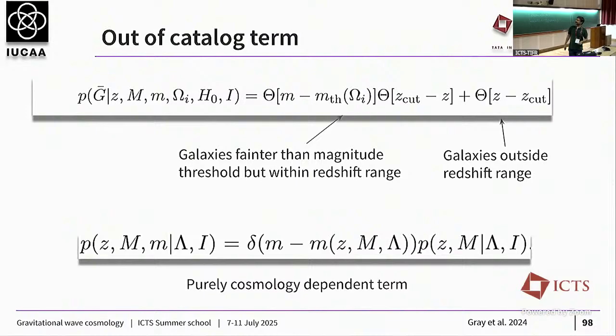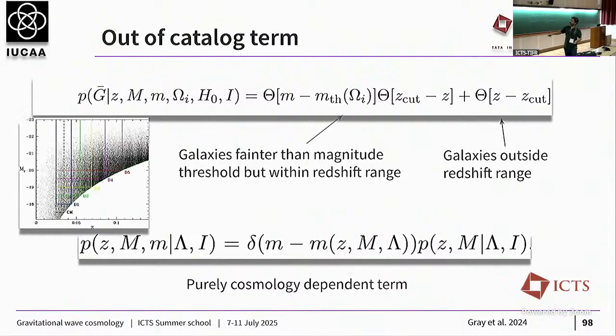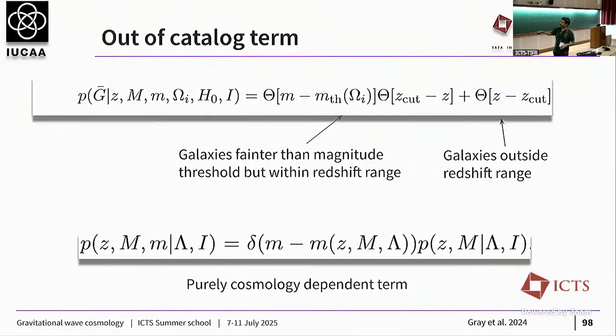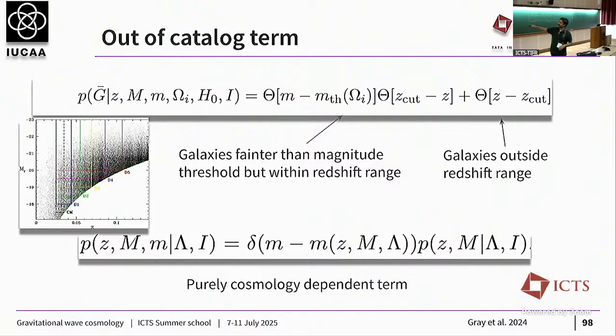So in principle, whenever you do a galaxy survey like this, you will have a certain flux limit, right? And that flux limit will dictate what kind of galaxies you see. I'm showing you this from the Sloan Digital Sky Survey. This is the redshift here on the x-axis and the absolute magnitude on the y-axis.